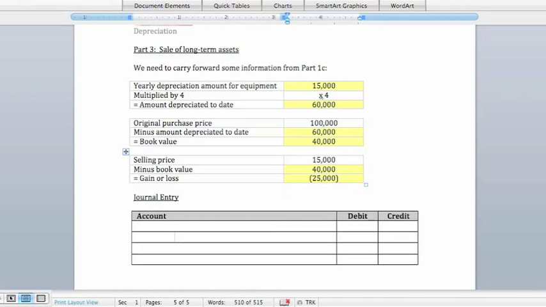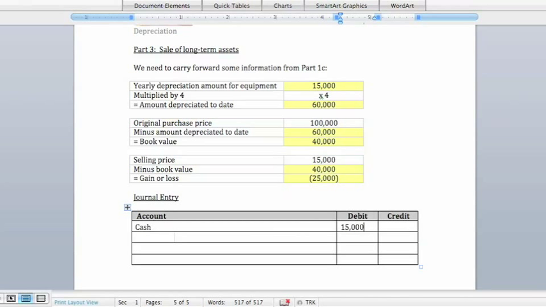and so what we're going to end up doing is producing a journal entry with 4 accounts affected. So first off, you're going to always have a debit to cash, and your debit to cash is going to be listed at your proceeds. And so since we sold this asset for $15,000, we're going to have a debit to cash for $15,000.